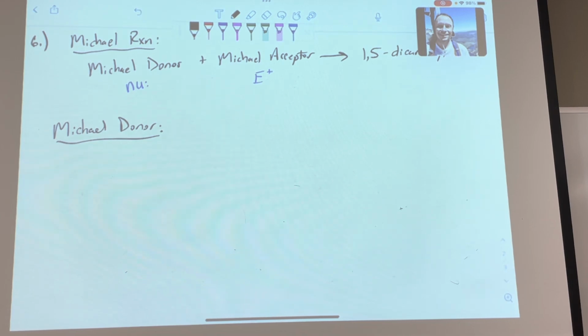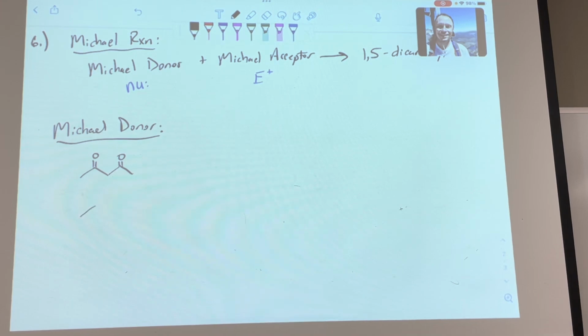So they're going to be like the structures of the malonic ester and acetoacetic ester that we just saw. So things like this. So that would be a Michael donor because you have that highly activated alpha position sandwiched between the two carbonyls.